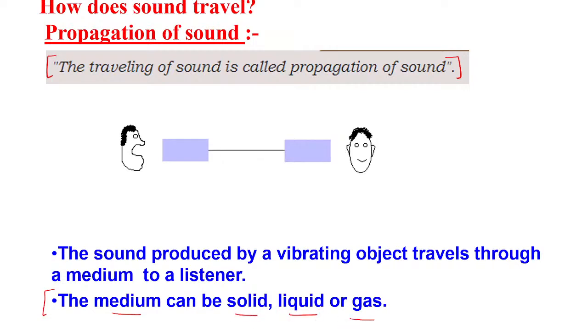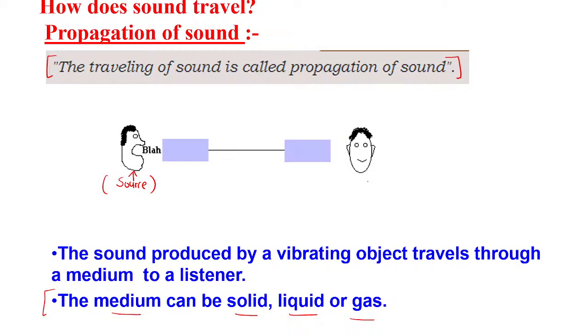So the sound produced by a vibrating object travels through the medium to the listener. Suppose that's a source of the sound, producing a sound. This sound needs to travel from this source to this listener.